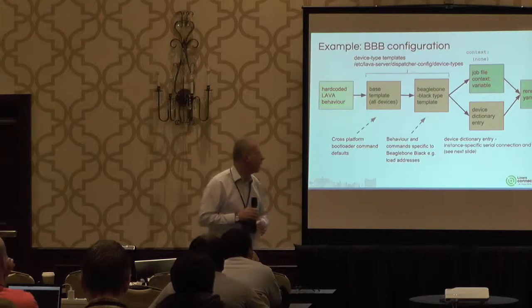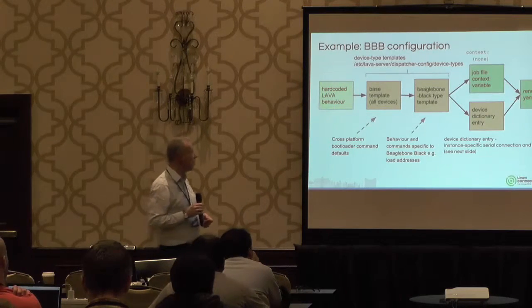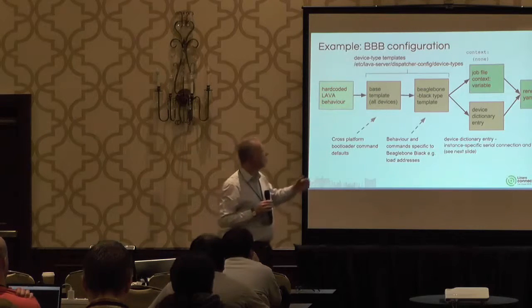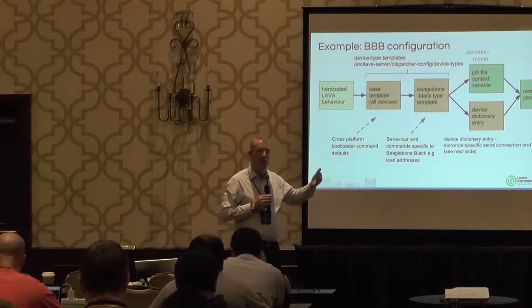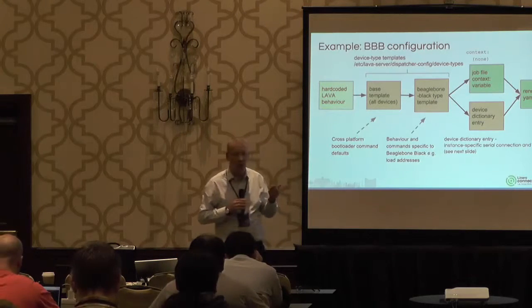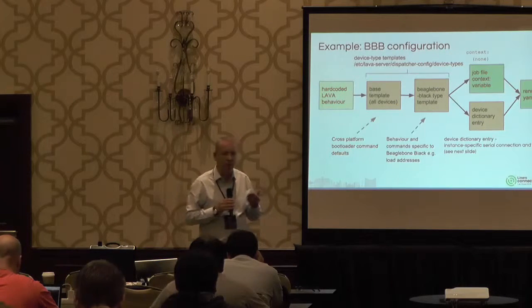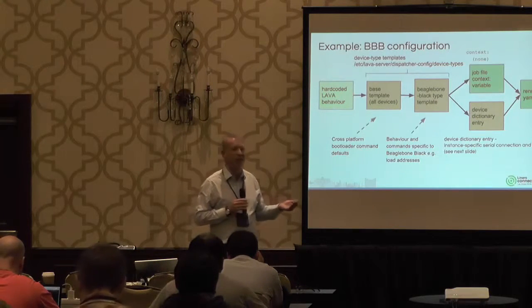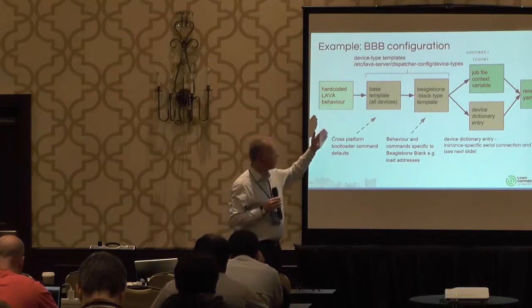So for a physical board, my example is BeagleBone Black. As I mentioned, the base template has instructions which are common to many devices, and many devices that run U-Boot; pretty much one U-Boot device looks like another U-Boot device. And so those tend to reside in the base template.